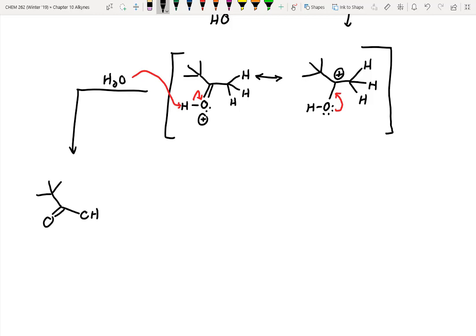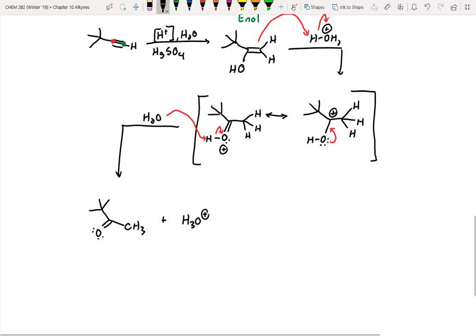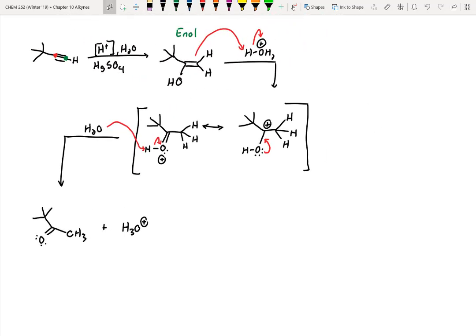And I'll just abbreviate this as CH3. Sorry, it's kind of messy. And we regenerate our acid. I didn't show this with equilibrium arrows. You could have, but if you show it with one-way arrows, I'm perfectly fine with that because it's 90% plus going to the ketone form. Does that make sense?